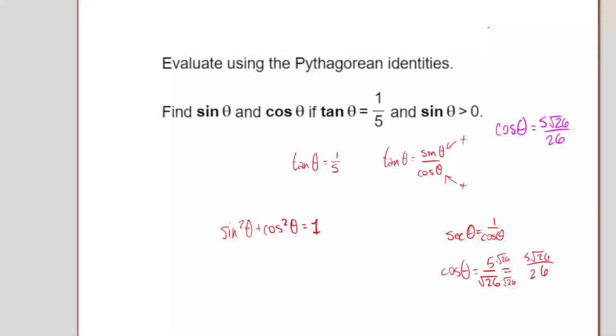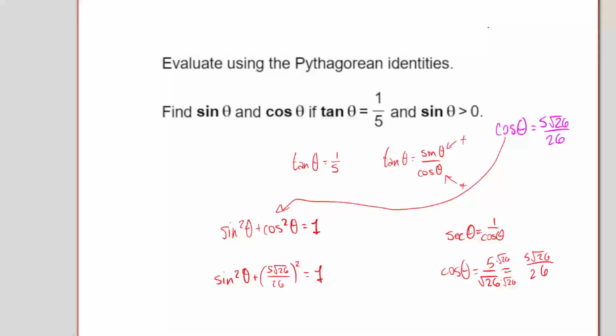Now, just like we did with the 1 plus tangent squared, we're going to plug in our cosine value into this cosine squared. So we'll get that sine squared plus cosine squared, which is going to be this number squared, 5 times the square root of 26 over 26, squared, is going to be equal to 1.